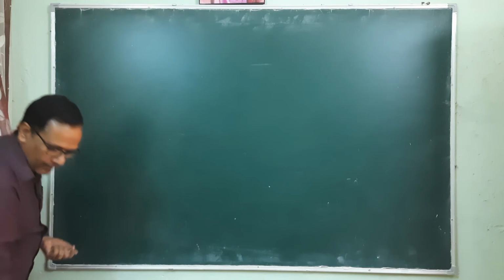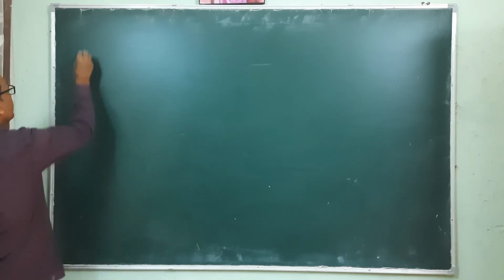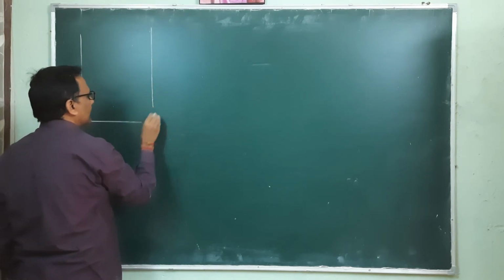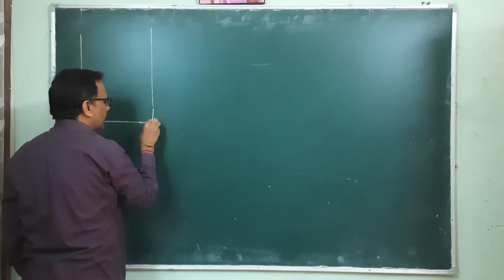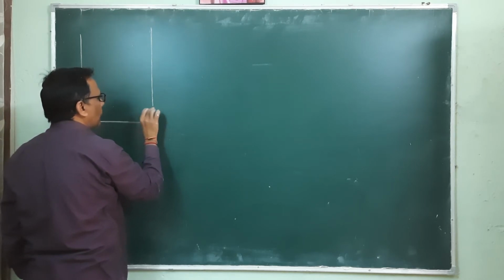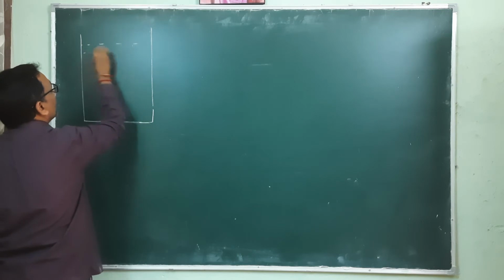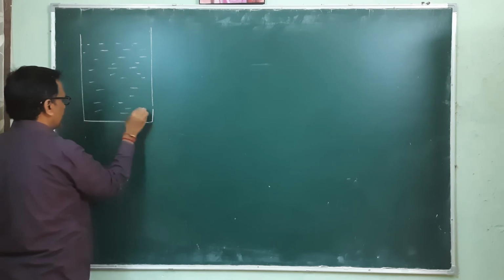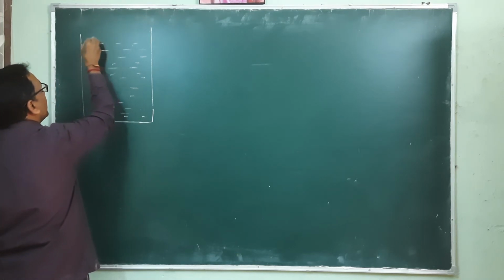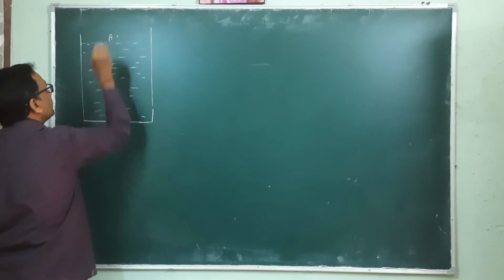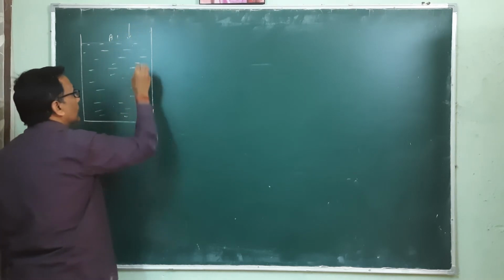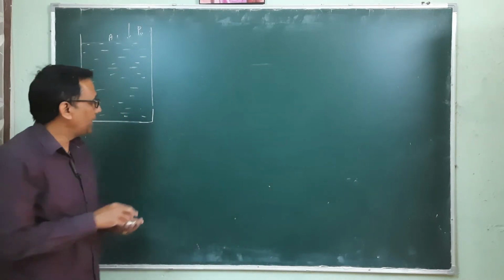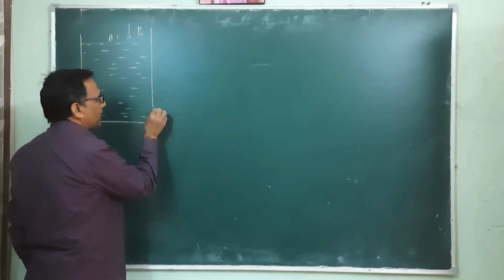Okay, so let us use some special cases now. Let us have one container, with a small hole somewhere here, and the liquid. This is the cross section area, A1, and this is open, so the pressure is P0. Here is the cross section area of this side, A2.